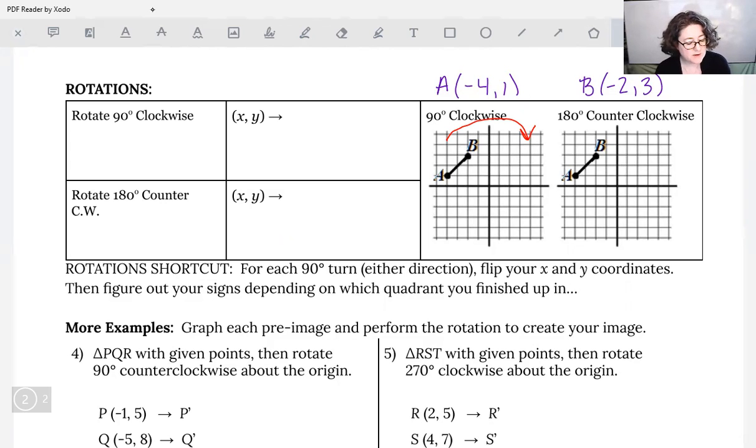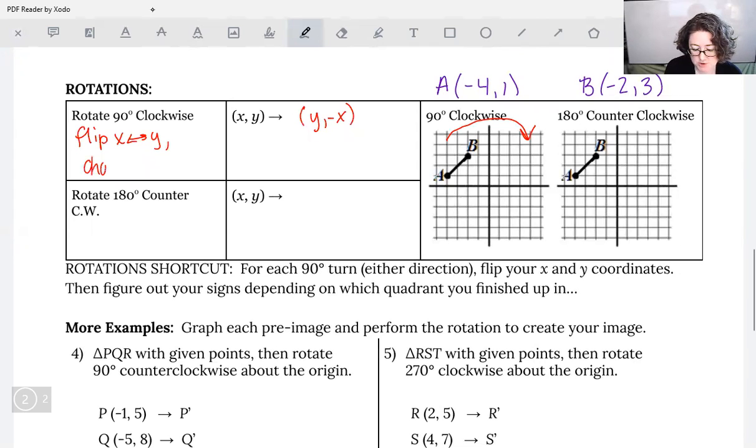The rule that we use is we are going to change our coordinates to (y, -x). So in other words, we're flipping our coordinates and we're changing the sign of that x. So flip x, y, and then change the original x sign.